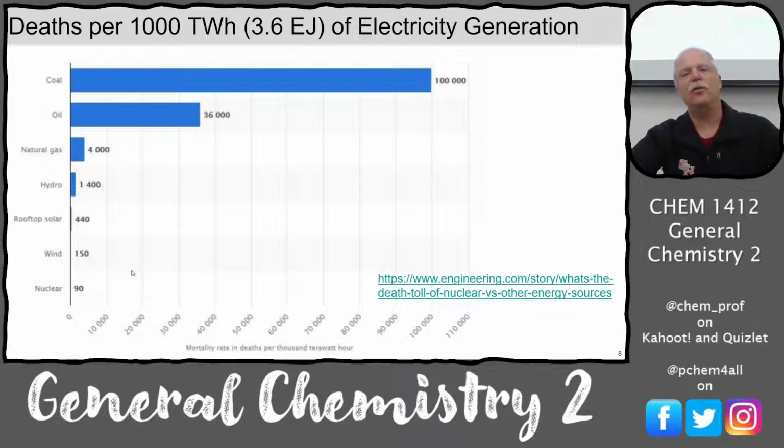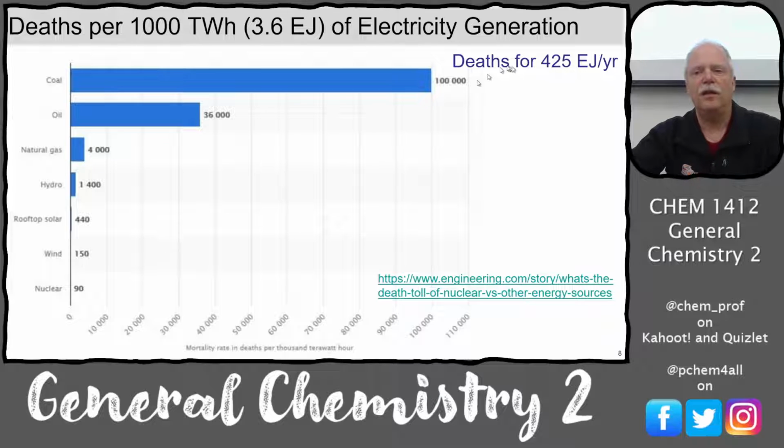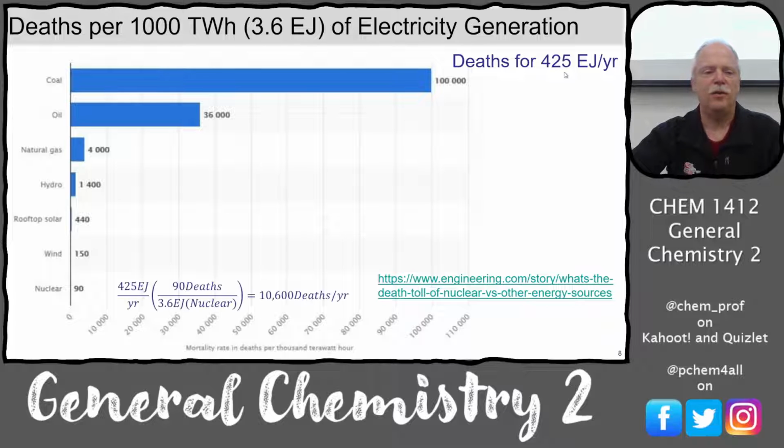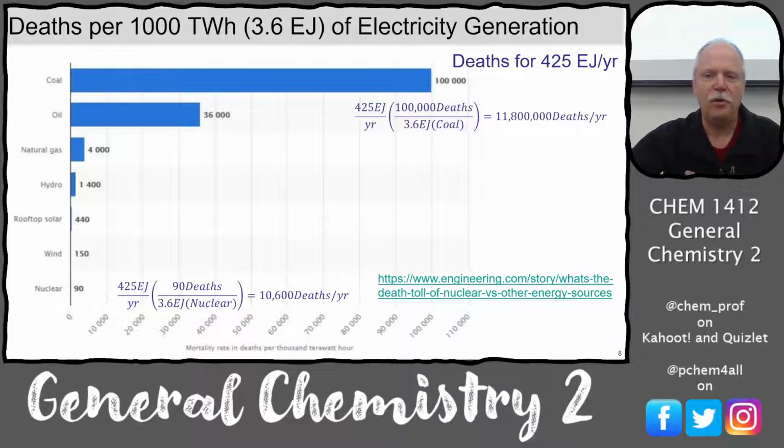So in terms of our global consumption, the global consumption of energy is 425 exajoules per year. So for nuclear, if we were to run the whole world on nuclear, it would be around 10,600 deaths per year. If we ran the whole world on coal, it'd be 11.8 million deaths per year. Incidentally, that's not even really feasible.